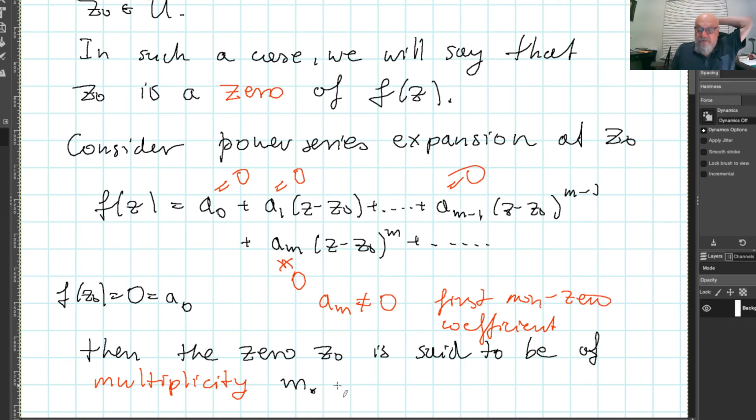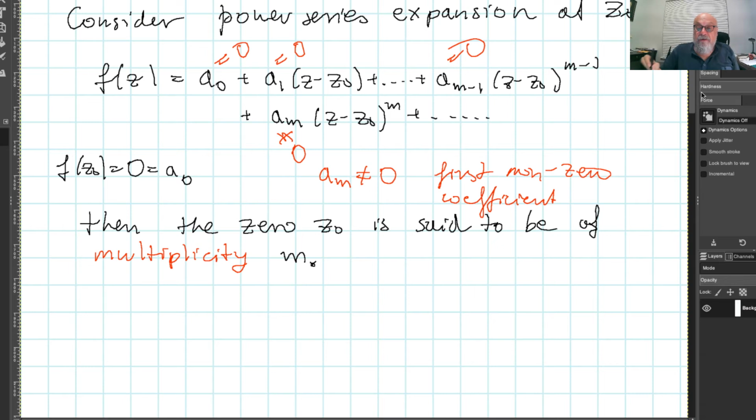Interesting. So if z0 is a zero of multiplicity m, how do we find that out? What does multiplicity mean? All the coefficients up to m minus 1 are 0, and the first one that is non-zero is a_m. Remember, a_n in general is the nth derivative at z0 divided by n factorial.